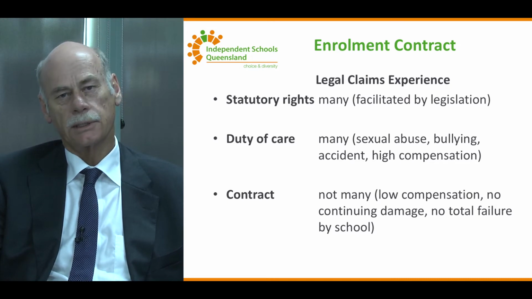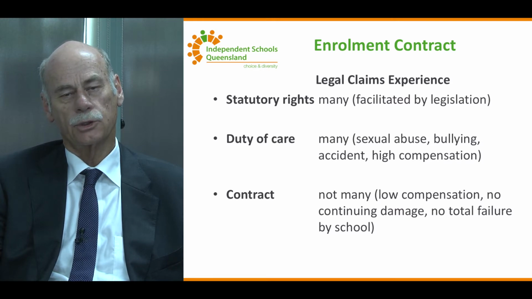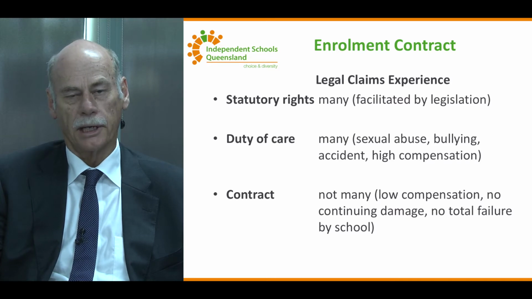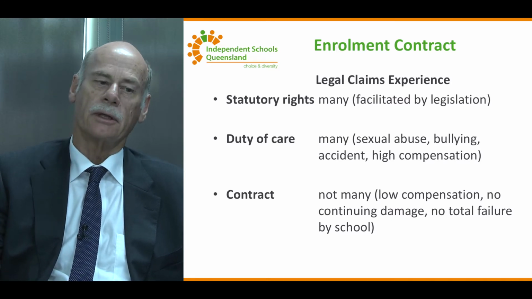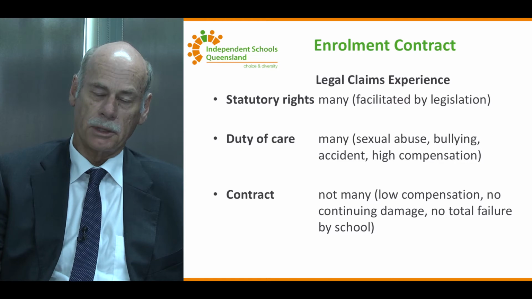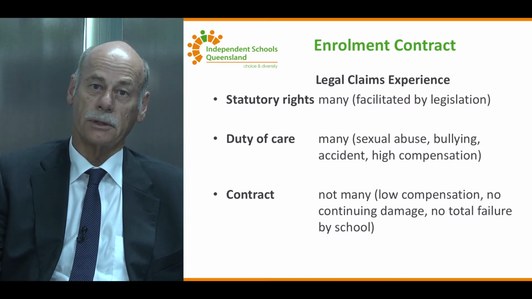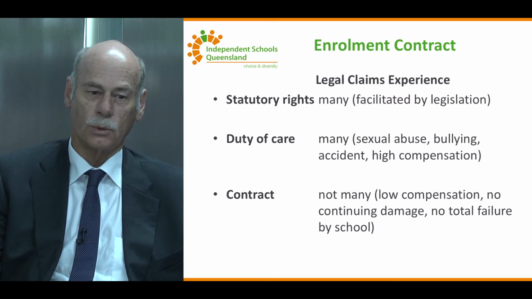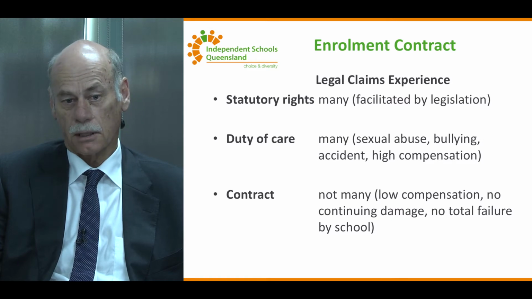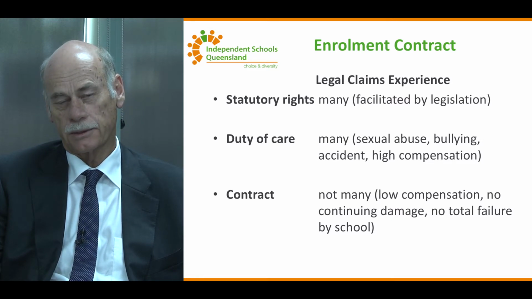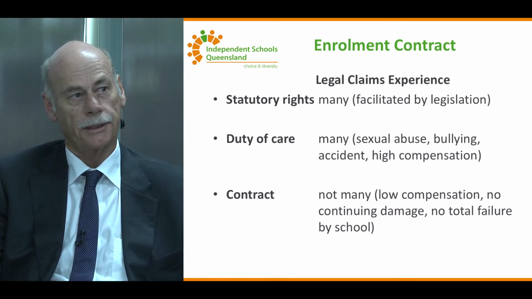And the reason that you see lots of claims in this area is that the amount of compensation which is potentially available is very high. So if a child is maimed for life, then the cost and damage to that child is significant, and it makes it worthwhile for the child, the parents, and rapacious law firms to have a go at schools if they possibly can.